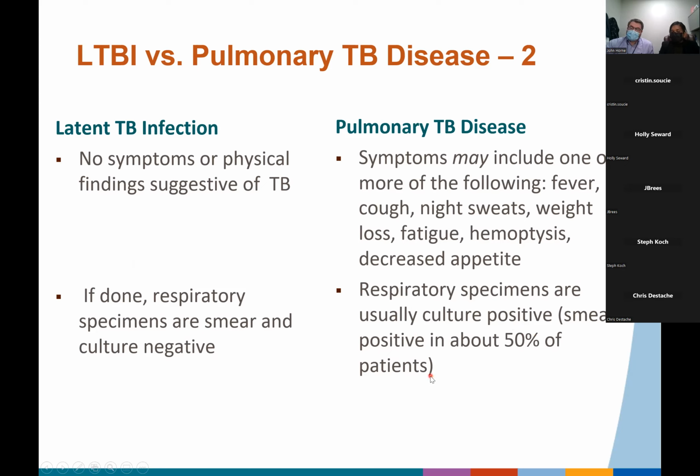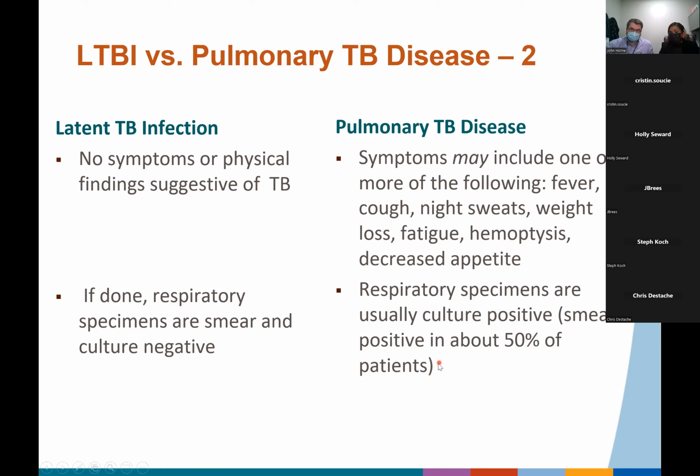Smear positive is when you collect a sputum sample, immediately stain it and look at it under the microscope, and if they see Mycobacterium tuberculosis there, that's smear positive. We usually do 3 smears because it's not a great test. It can be negative if they don't give you a very good sample, but that's the best way to check if they have active TB.